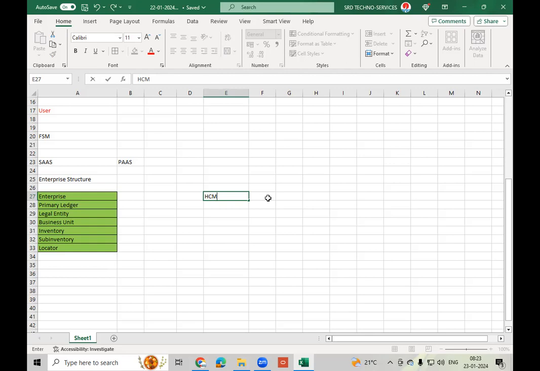Why am I saying this is a side setup? Because it is a table page which comes under HCM, but I can also use it under other offerings. If restricted, this enterprise structure should always be defined under HCM. If you have not taken a license for HCM, you cannot define the enterprise, right? But that is the mandatory setup. Enterprise is the mandatory setup.